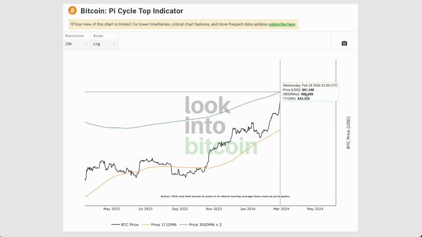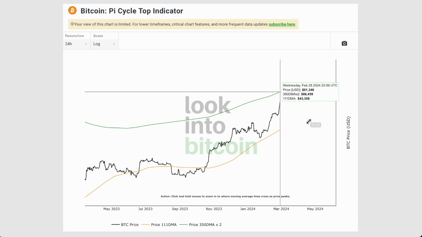And also, this moving average, the green one, is also inclining. So at the moment it is 66k, but maybe it gets to 67, 68k, maybe 69k. And that becomes the old all-time high rejection area, where we don't break to new all-time highs, but at least reject from the old all-time highs.